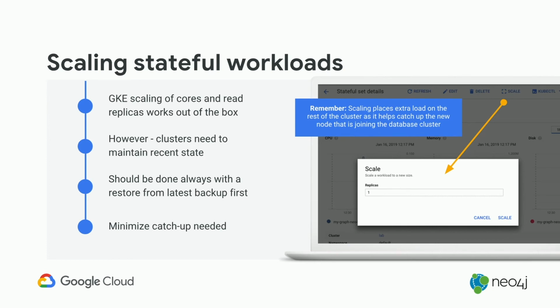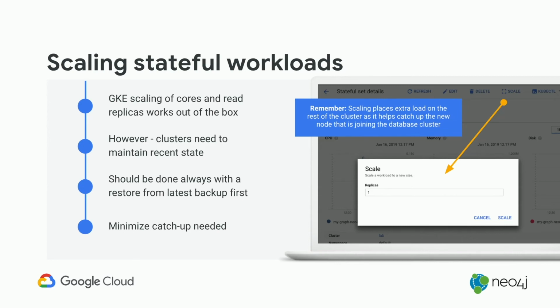But we should say that clusters, because they fundamentally need to retain state, they need to synchronize with one another so that they're all at the same point in the data. And so typically, if you would scale a database in this way, you should be taking this new node and scaling something that restores from your latest backup first.